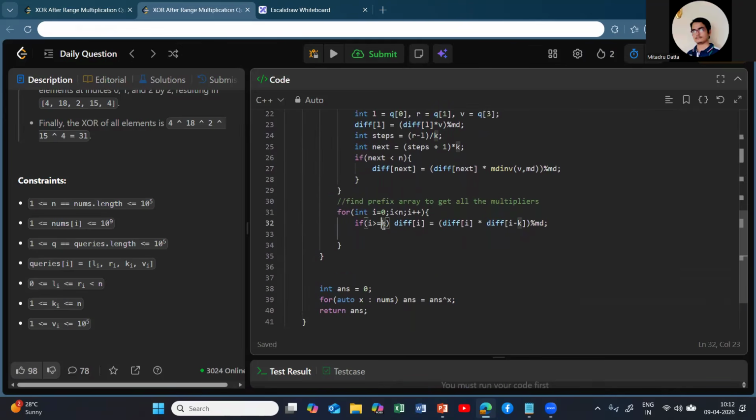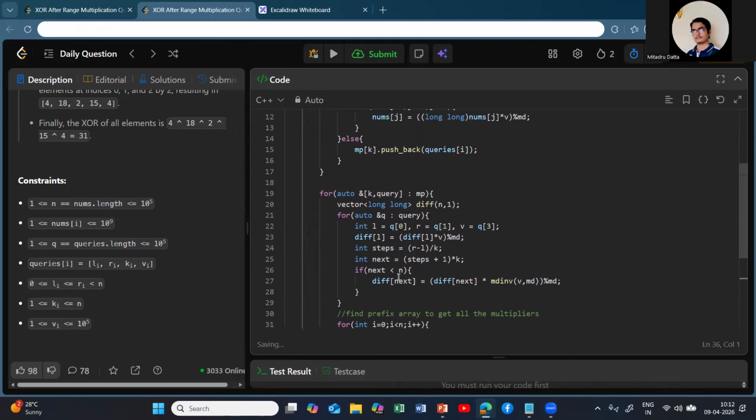So now for this, I just need to have nums of i equals, let's say, long of nums of i multiplied by difference array of i and a whole mod, okay? So a particular multiplier of i will get multiplied with a particular number of the array. So you guys see, that is all actually.